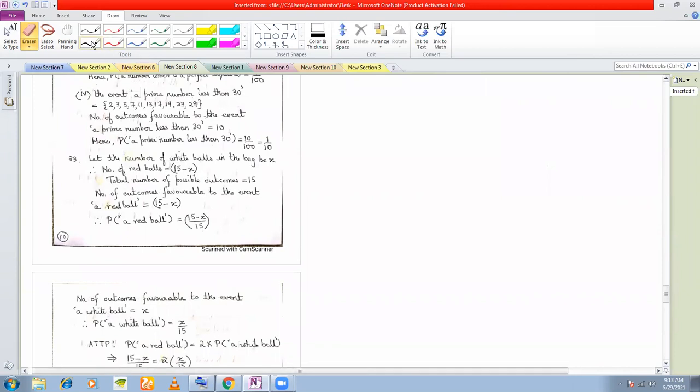The next question here is 33. The question is, a bag contains 15 balls of which some are white and others are red.